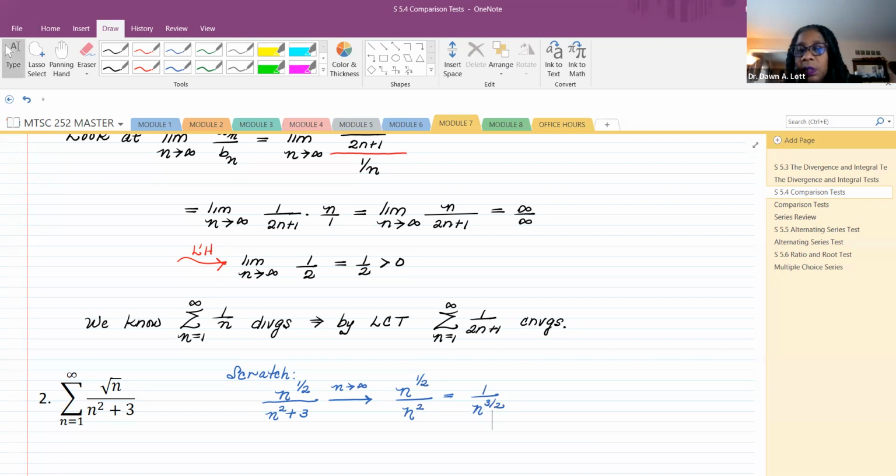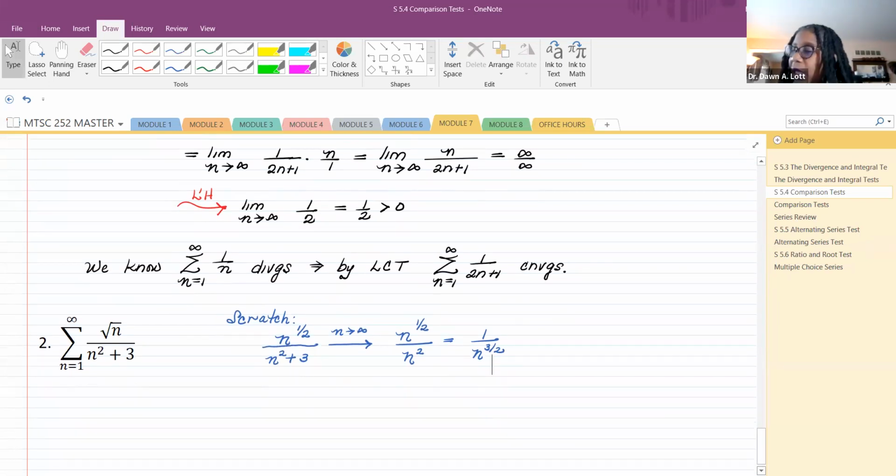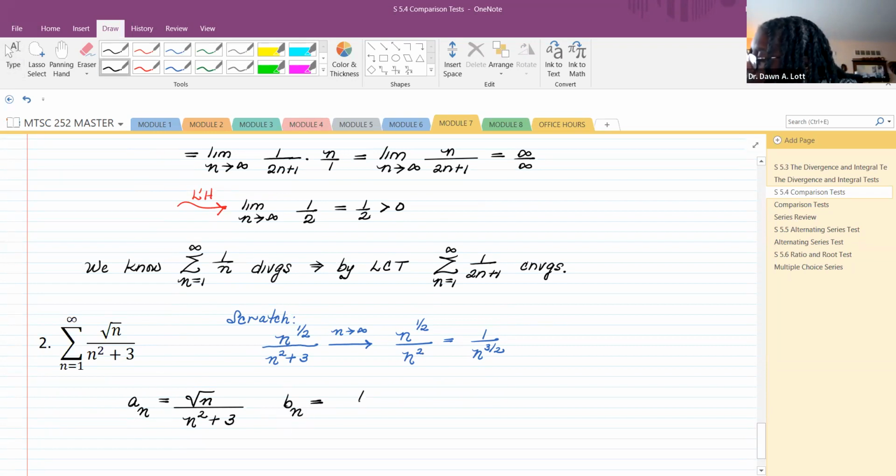Okay, so now an is the square root of n over n squared plus 3, and bn is equal to 1 over n to the 3/2.